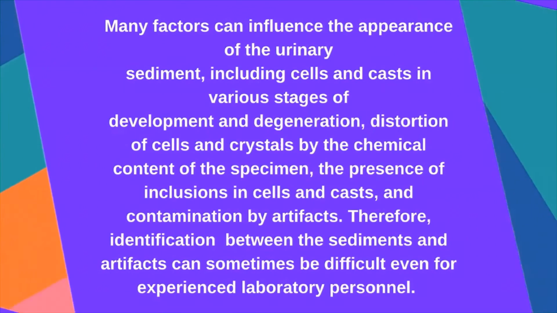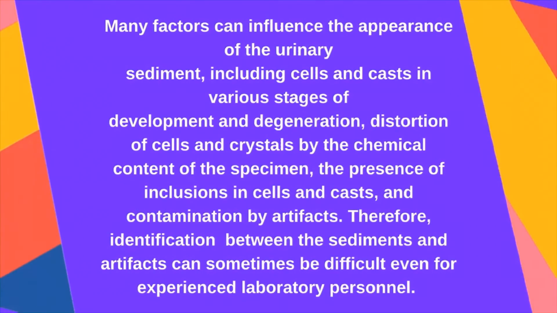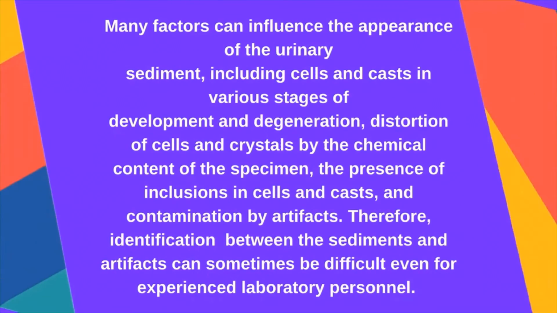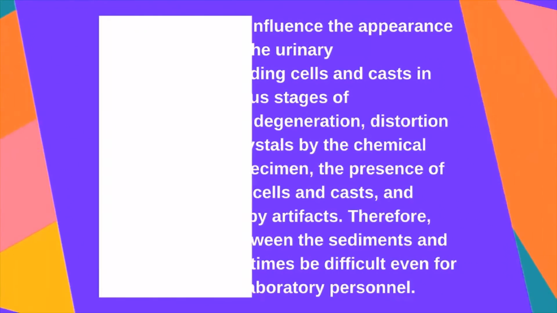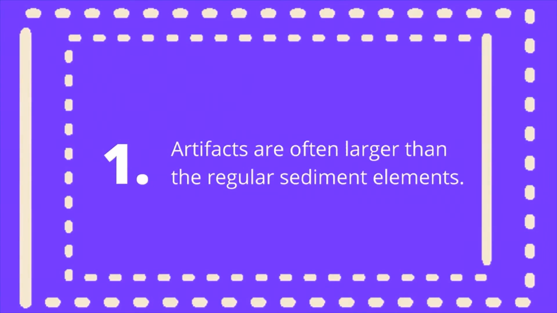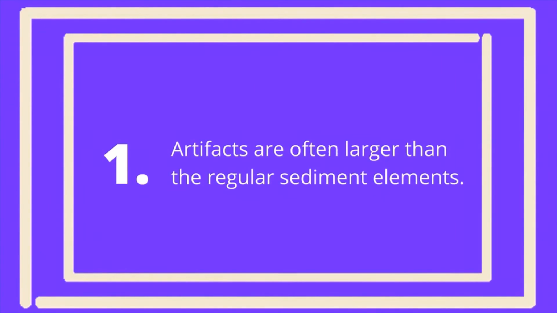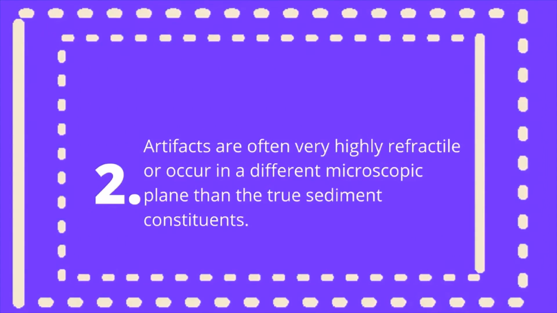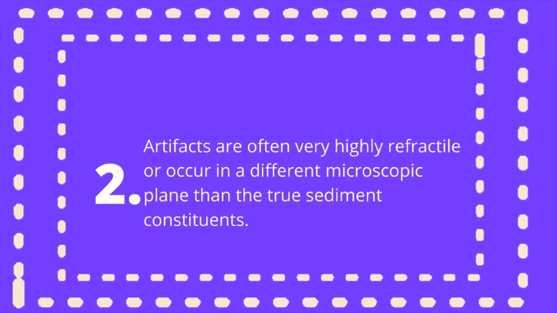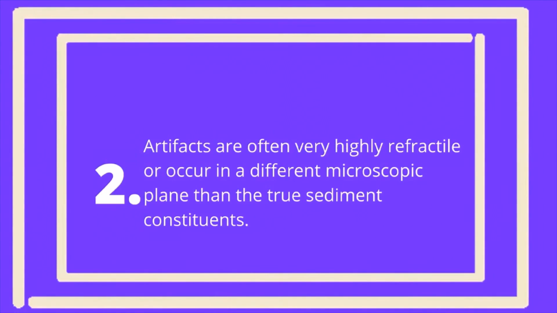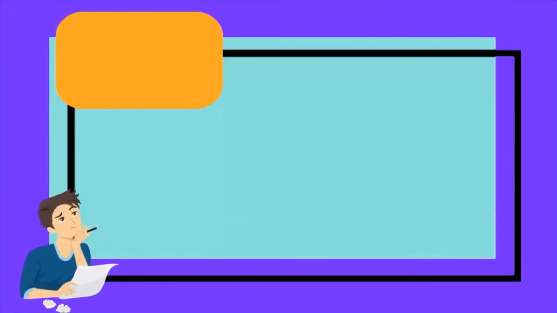Therefore, differentiating sediments from artifacts can sometimes be difficult even for experienced laboratory personnel. So we should always remember that artifacts are often larger than the regular sediment elements, and artifacts are often very highly refractile or occur in a different microscopic plane than the true sediment constituents.